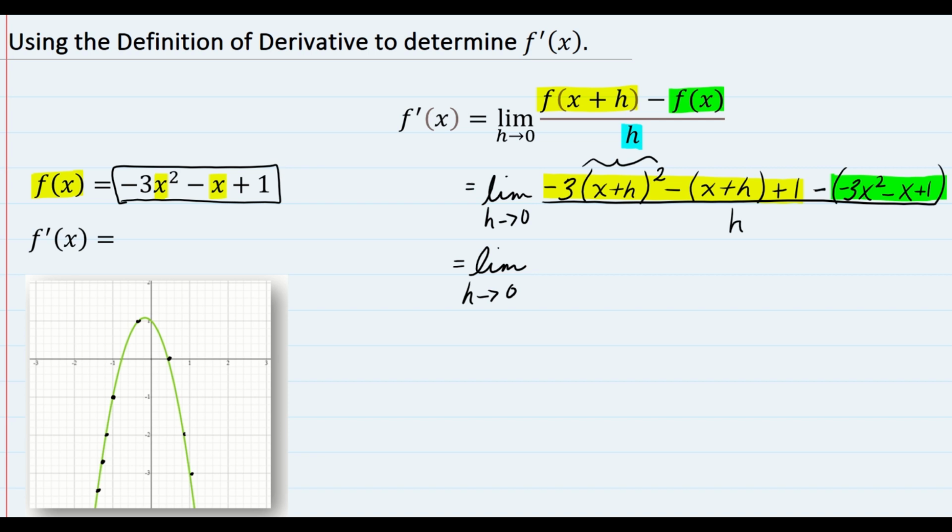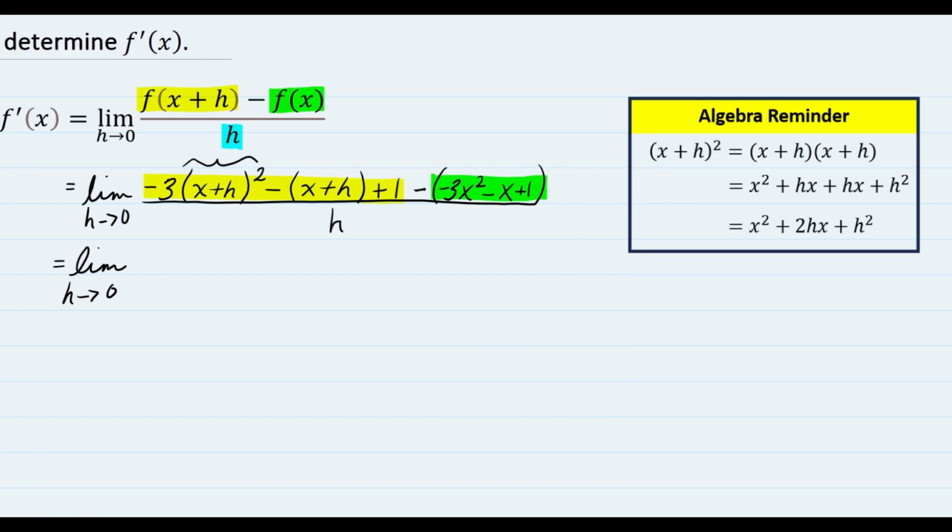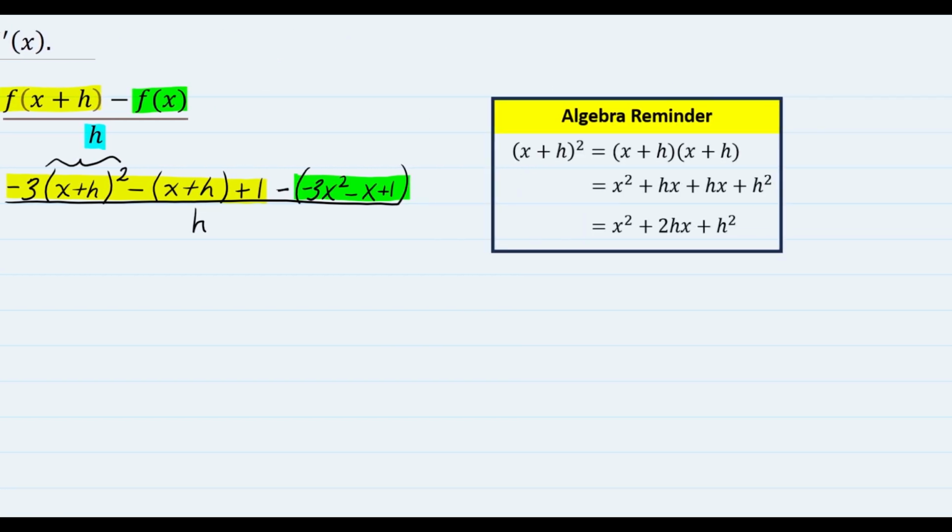When you take x plus h and square it, we've got to remember that we are taking x plus h times x plus h. We have to FOIL this problem out in order to get the appropriate answer. Sometimes we go in a little bit fast and we forget that there's a process to this.